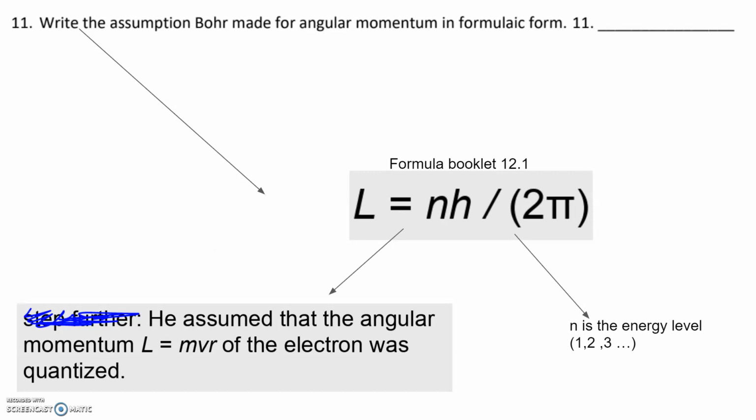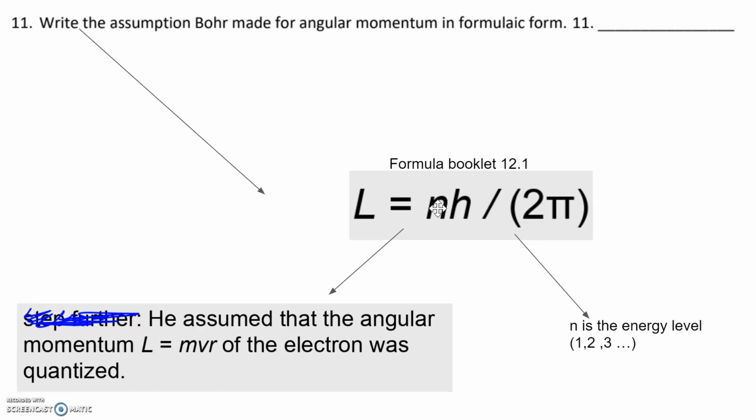To add a little bit of detail for this equation, he assumed that the angular momentum L equals mvr of the electron was quantized, meaning that it can only have several discrete values. It can't be continuous.